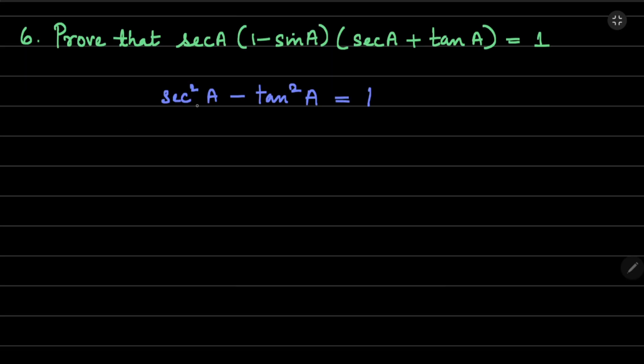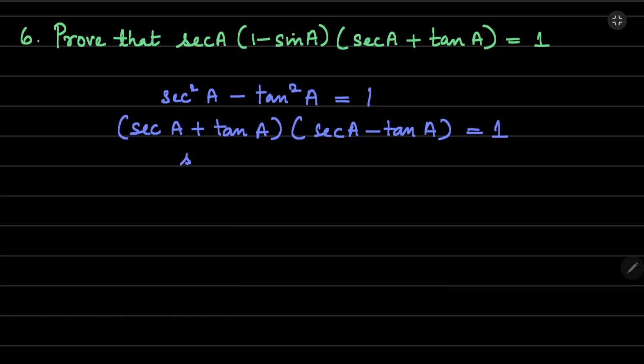Okay. So, if I expand it using a square minus b square, that is secant A plus tan A multiplied by secant A minus tan A is equal to 1. In that case, what will be secant A plus tan A?